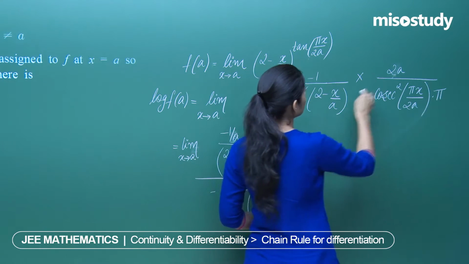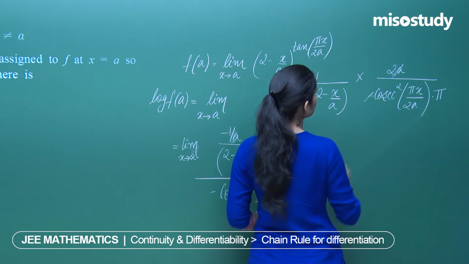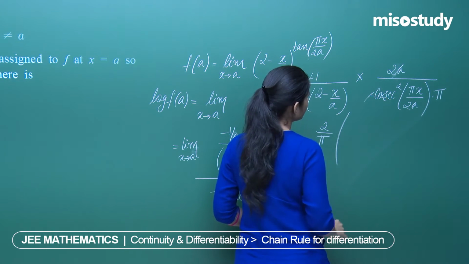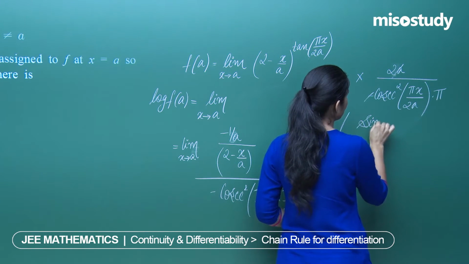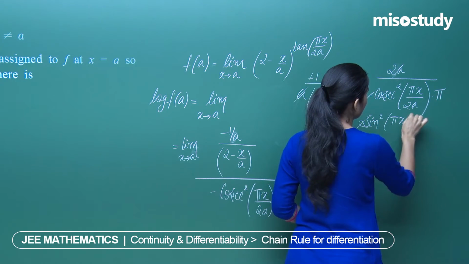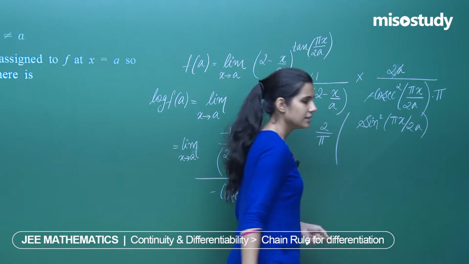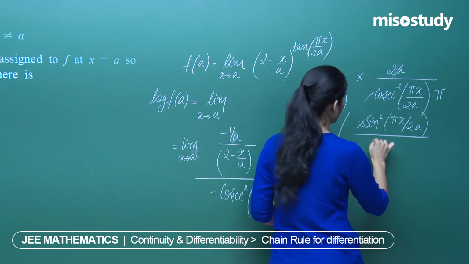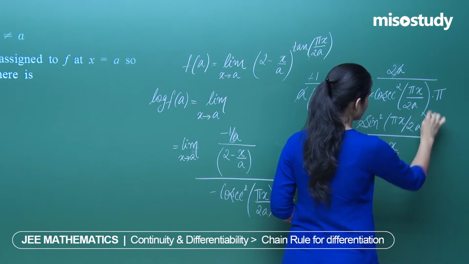So from here you can see a cancels out, minus minus cancels out, you're left with 2 by pi, and here you have sine square pi x by 2a whole upon 2 minus x by a.